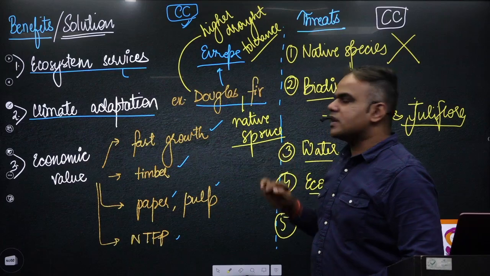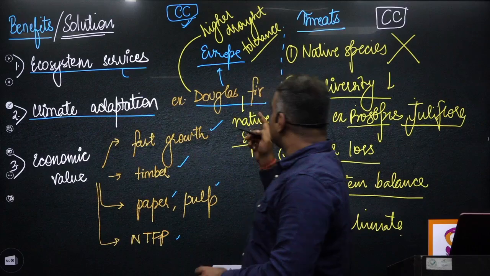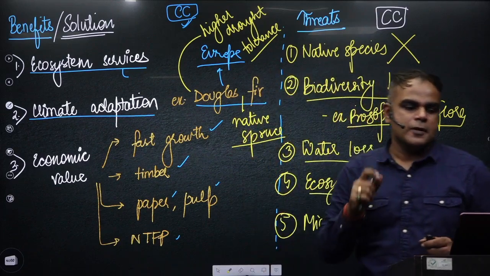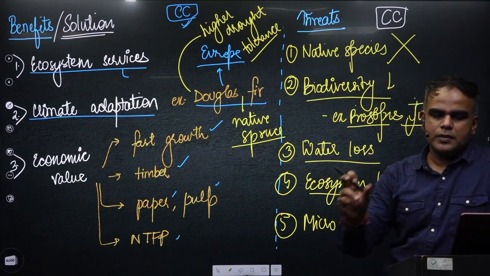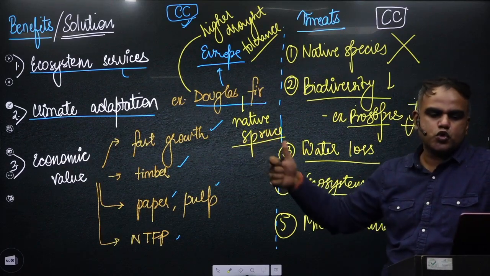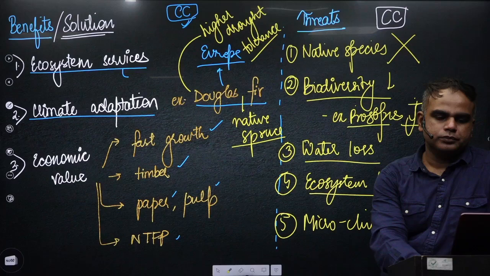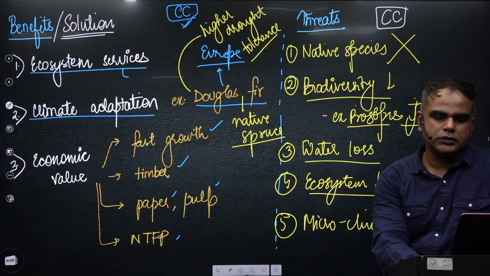Now that's a huge difference. The native spruce variety is not overall much helpful, but this variety is far more helpful. So that is just an example that you can write down. The Douglas fir has higher drought tolerance compared to the native spruce variety. So that is one example that you can write down.